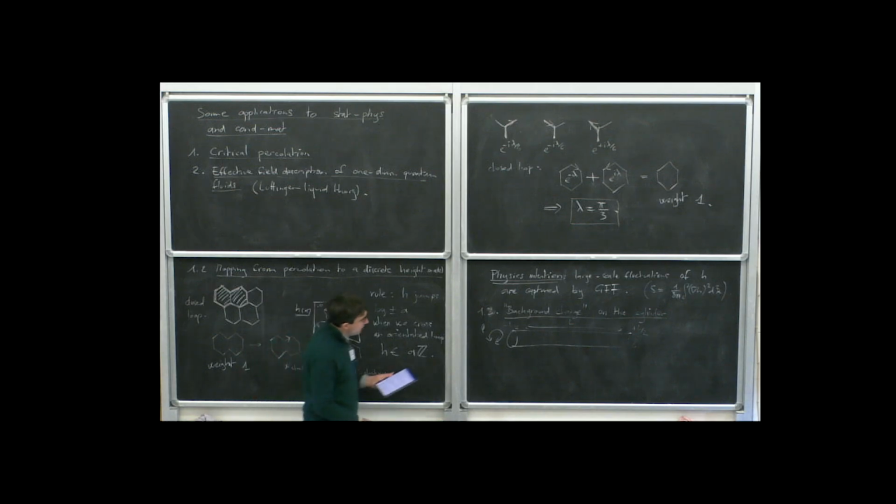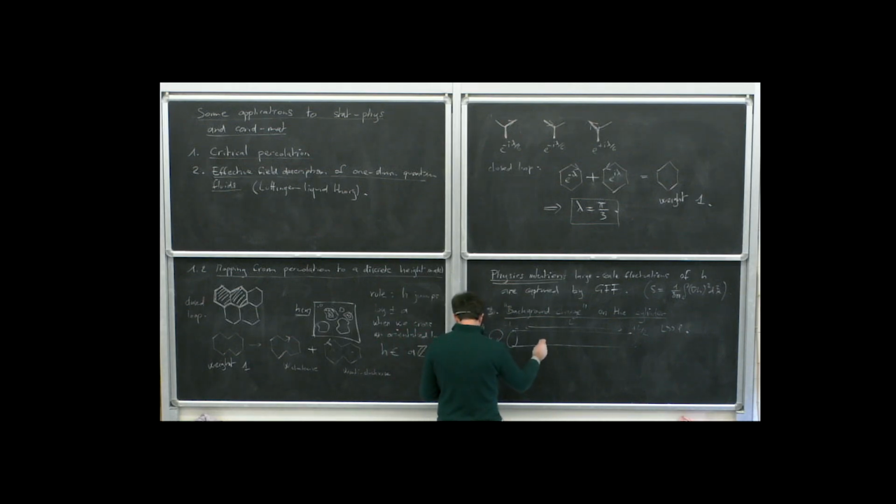We have capital L much larger than little l. And we have our percolation model, so we have our oriented loops that live here. That defines our height model on this cylinder.